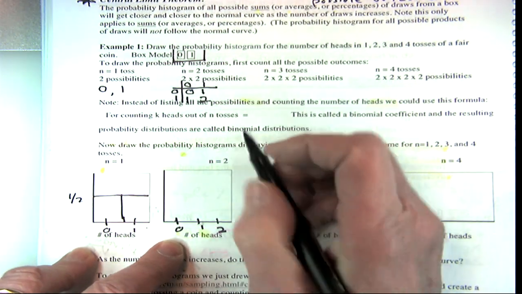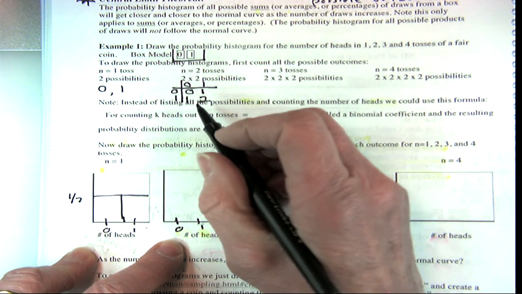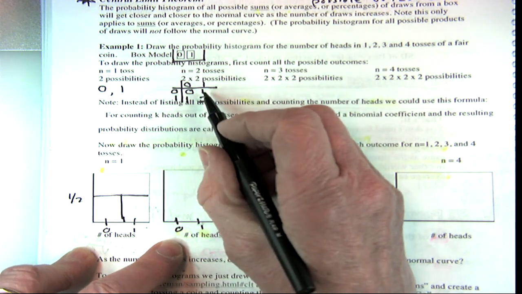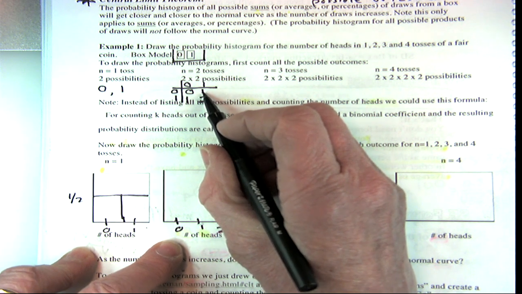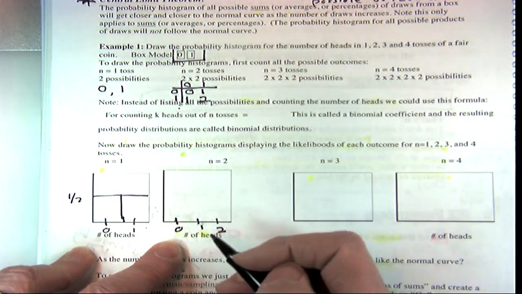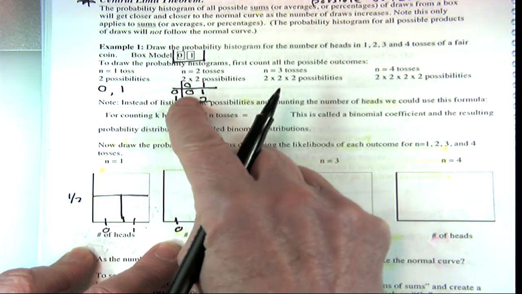But we didn't know the likelihood of each. Now you can see there are two ways to get one head. Here you got a head and a tail, and here you got a tail and a head. So how are we going to draw this? Well, there's 4 possibilities, so only one way to get a 0.